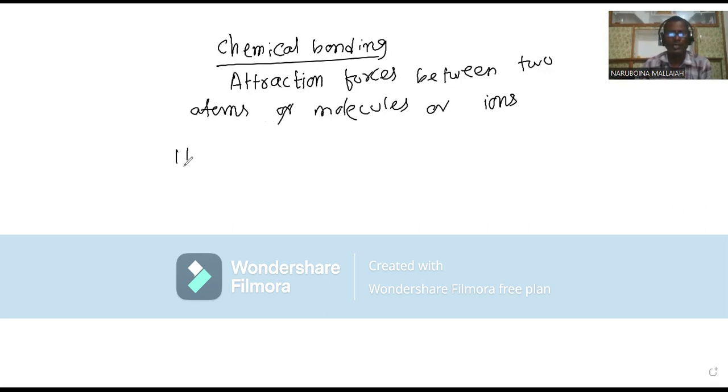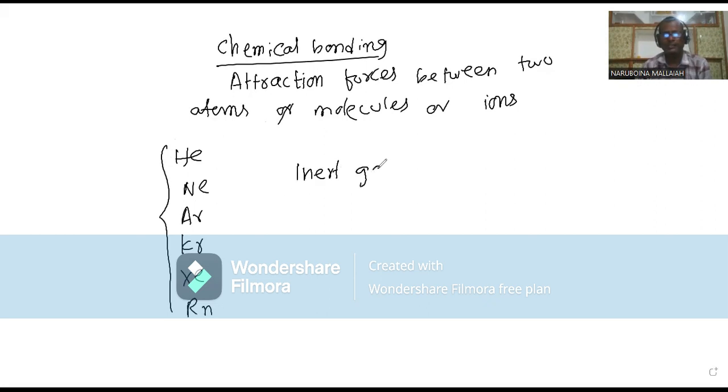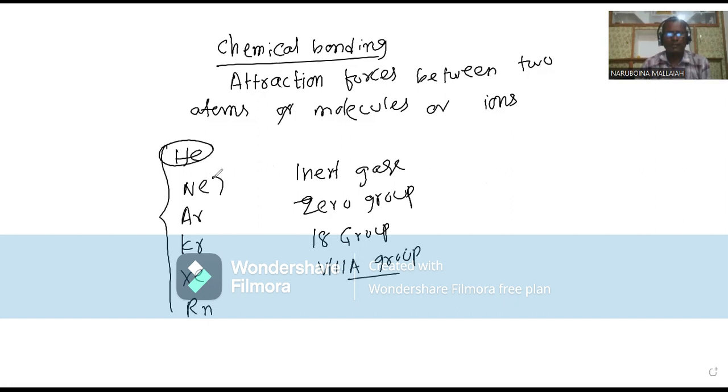We know helium, neon, argon, krypton, xenon, and radon are called inert gases. Inert gases are zero group elements or 18th group or 8th A group. Except helium, remaining elements don't participate in any chemical reactions.